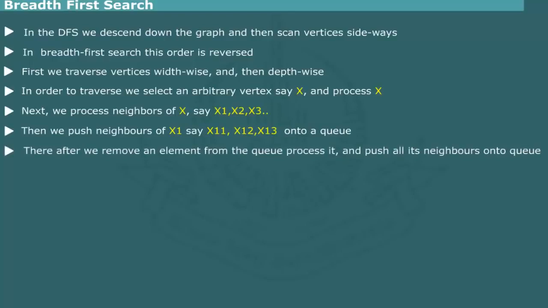Next, an element is removed from the queue and processed, and all of its neighbors are processed. This process is continued until all vertices have been processed. Observe that in breadth-first search, we use a queue rather than a stack. Recall that adding an element to a queue is called enqueuing, and removing an element is called dequeuing.